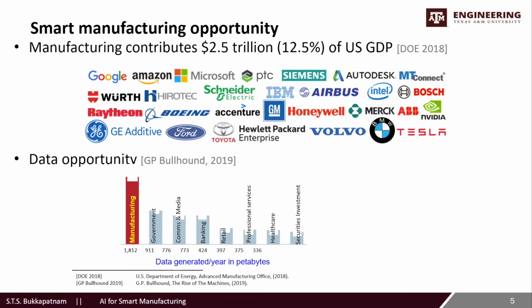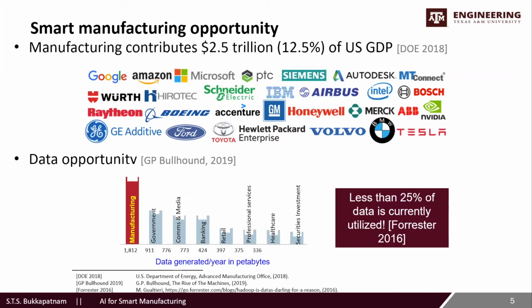Manufacturing, as noted by one of my recent graduates, Asif, actually produces the largest amount of data compared to any other manufacturing sectors or any other industry sectors. Be it government, transportation, and so on, manufacturing produces a large amount of data. However, very little of the data that gets generated actually gets used in the industry.